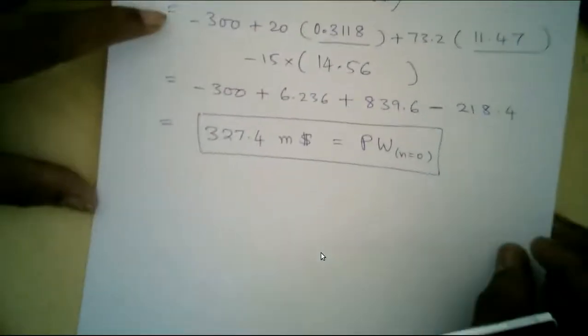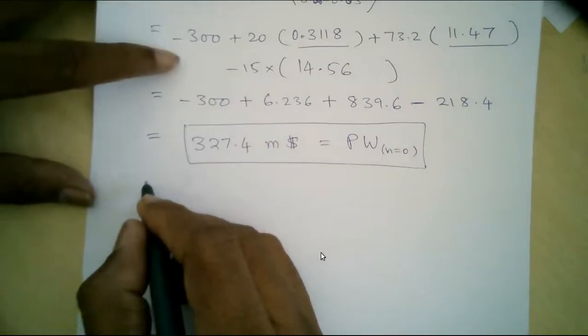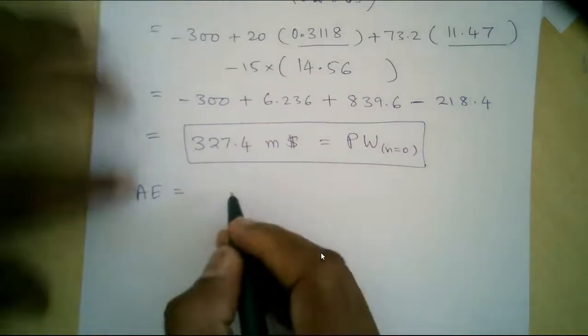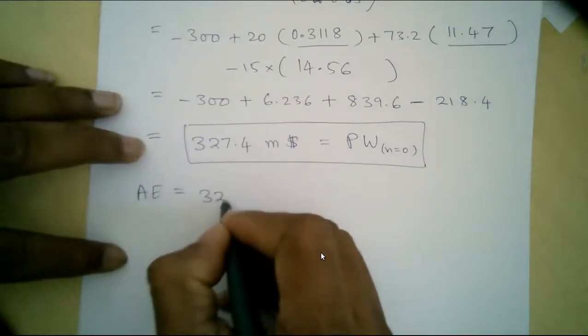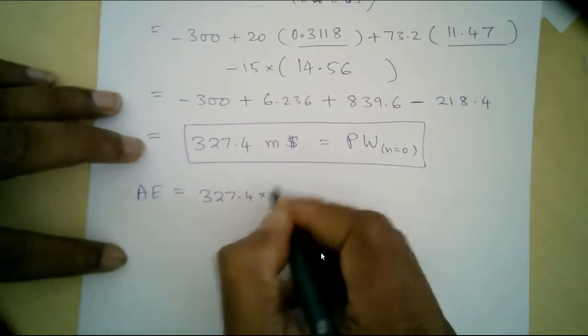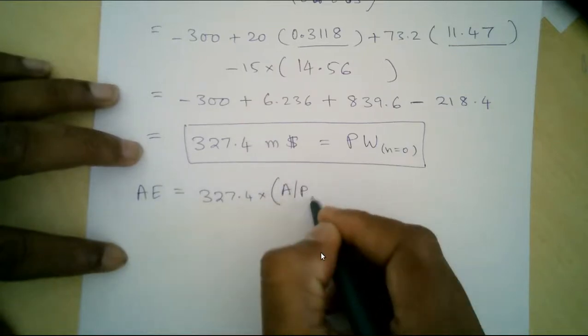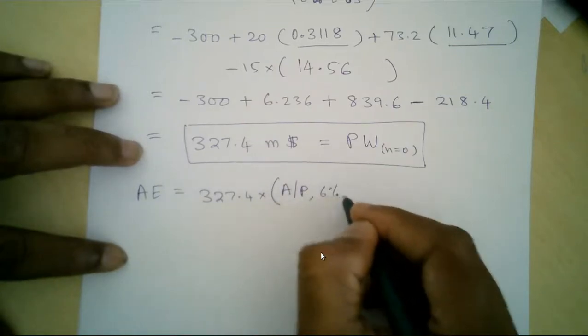We can also calculate the annual equivalent. How do we get the annual equivalent? Simply, you take the 327.4 million and multiply it with A given P for 6% over 20 years.